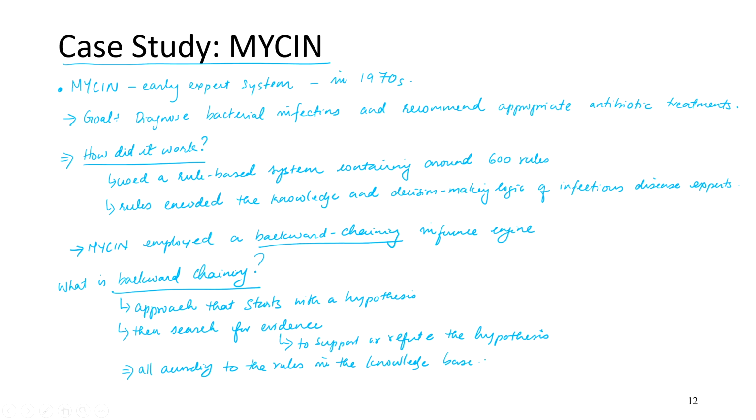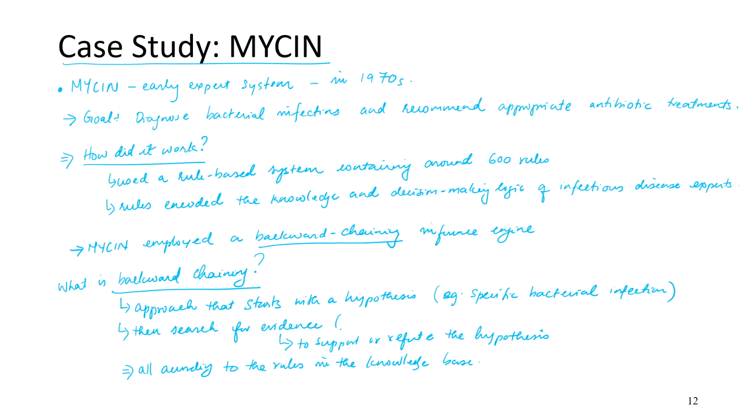So, backward chaining is the approach that starts with a hypothesis. In this case, the hypothesis would be a specific bacterial infection, like an E. coli infection, whatever it is. Then search for evidence.